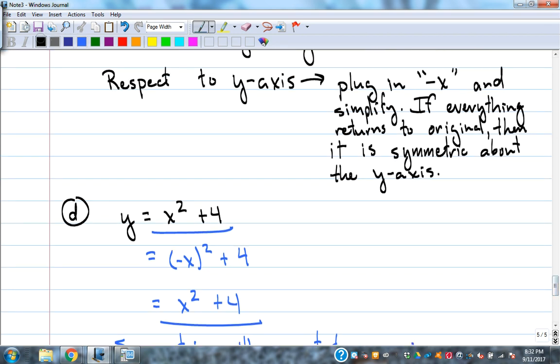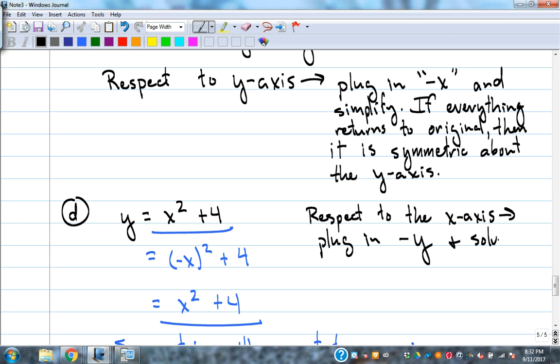Let's get the test for symmetry with respect to the x-axis. Okay? Symmetric with respect to the x-axis. Plug in negative y and solve for y again.